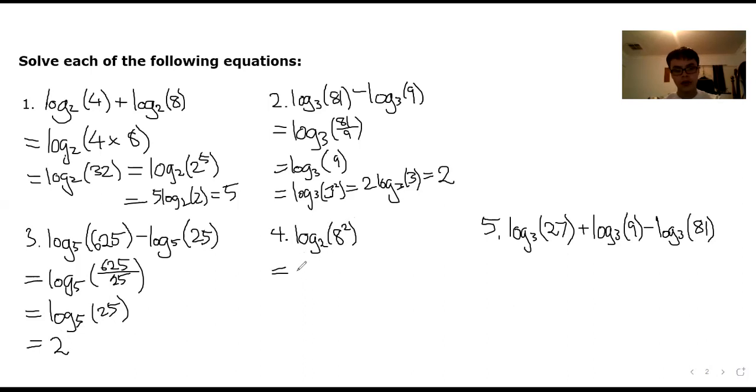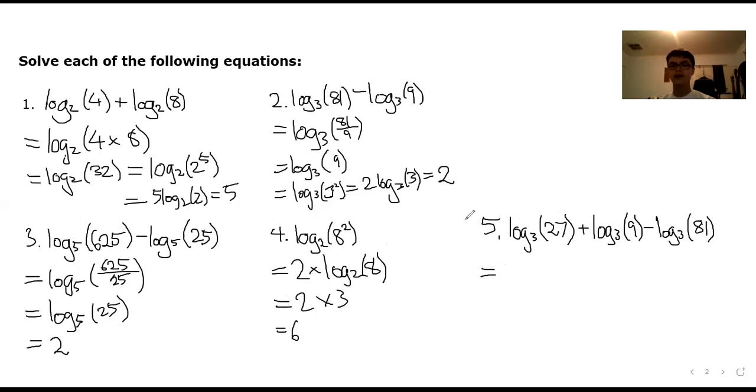So using the third log law, we have 2 times log 8 with base 2, and then we just have 2 times 3, and then we get 6. So it's fairly straightforward, it's not difficult. Next one.